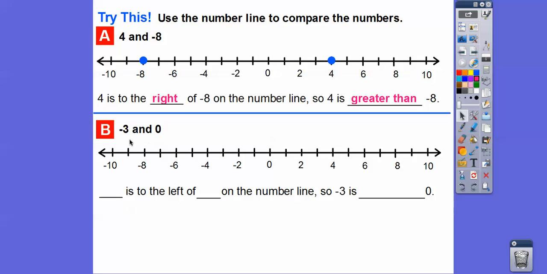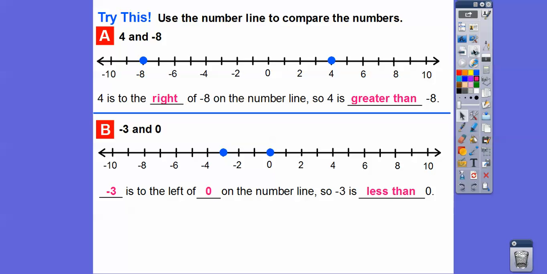And I bet your teachers are going to ask you to do that also. So we'll put a point at -3 and a point at 0 right there. Then it says blank is to the left of blank. -3 is to the left of 0, so since it's to the left, it's going to be less than 0.